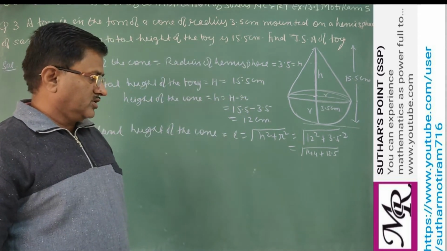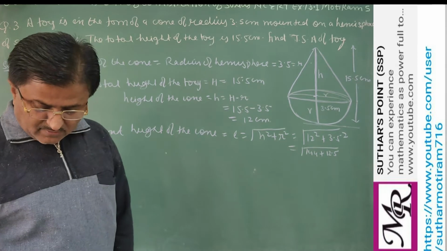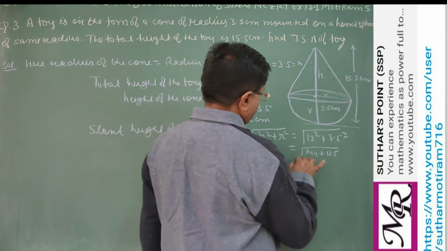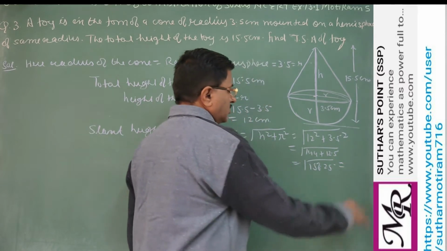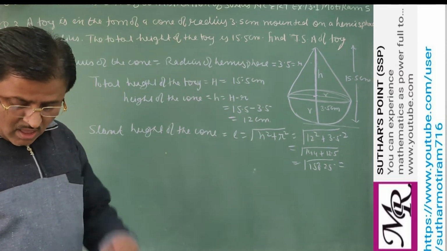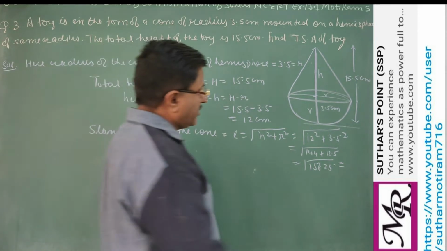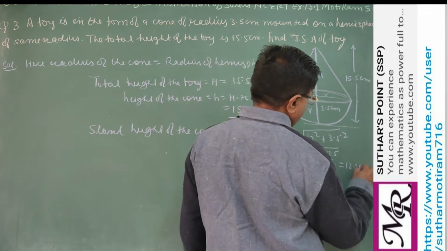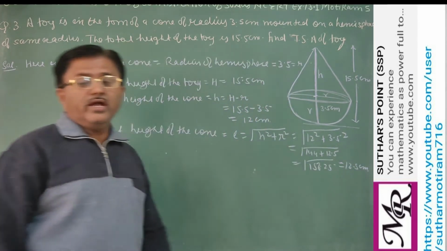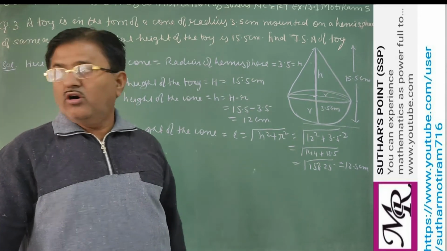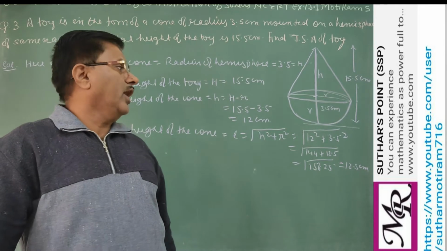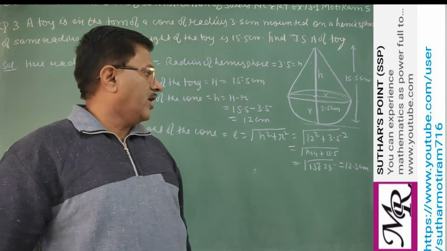If you solve this, 156.25, root of 156.25 will give 12.5 centimeter. So we get all the dimensions of the given figure, the dimensions of the cone as well as the dimensions of the hemisphere.